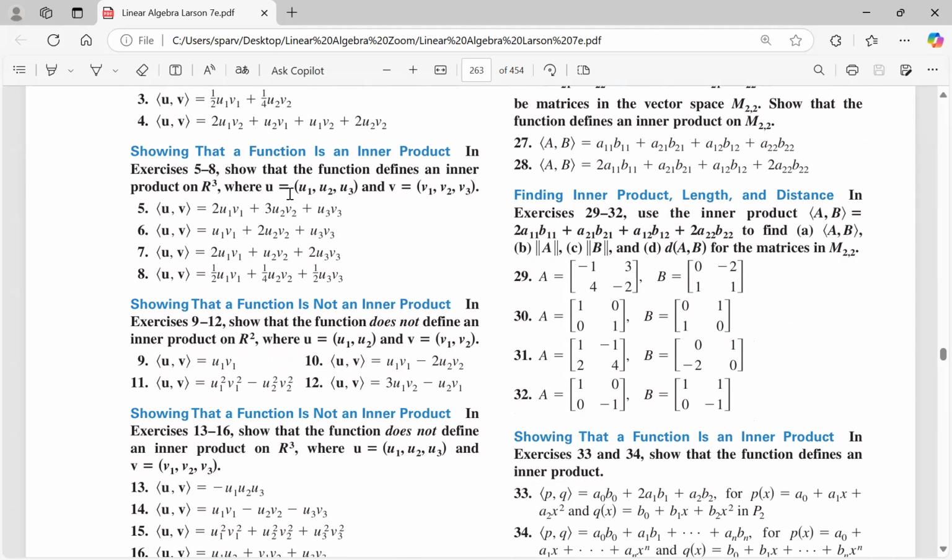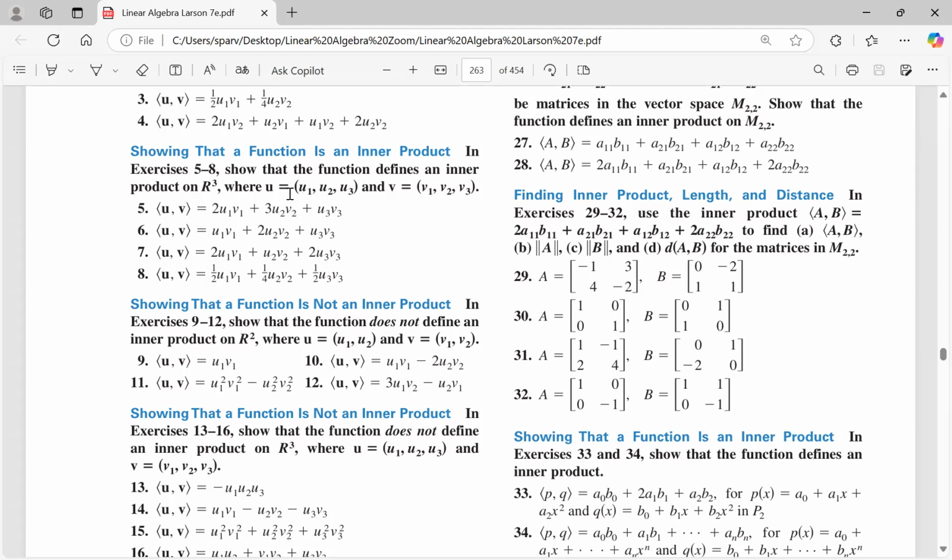In exercise number 8, I have the inner product, the dot product, if you will, of U and V that is defined not as just U1 V1 plus U2 V2 plus U3 V3. That would be Euclidean. That would be the standard. These are non-standard, just made up. These are just the imagination of the author.